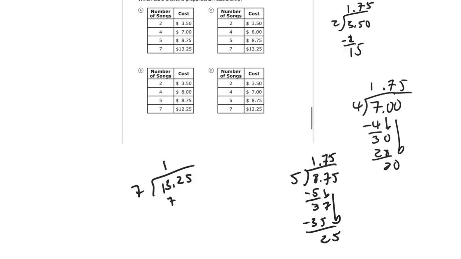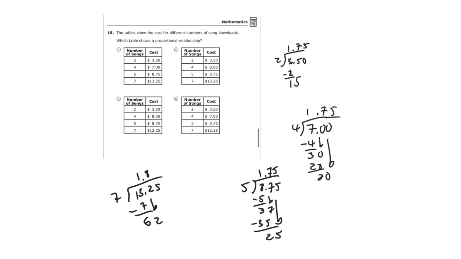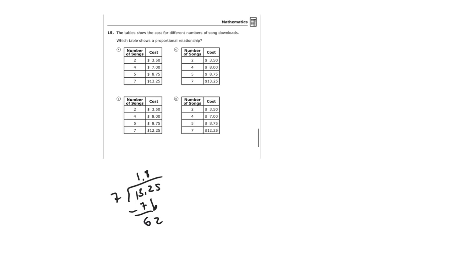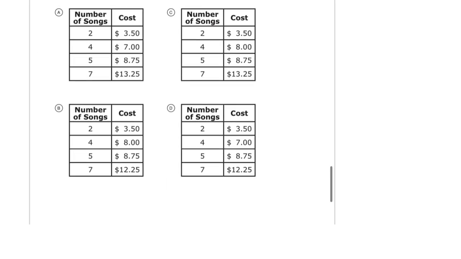And then 13 minus 7 is 6. And then drop that down. 7 goes into 62 how many times without going over? So that's going to be 8. So already, unfortunately, this is gone, right? It's kind of mean of them to give us an answer choice where it's only because of the last one that it didn't work. So let's now look at answer choice B, right?